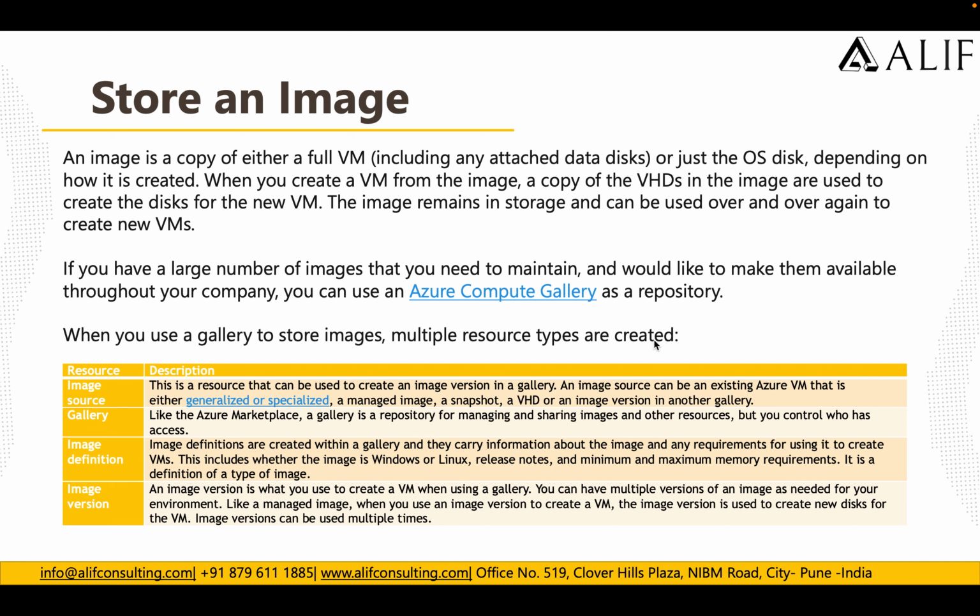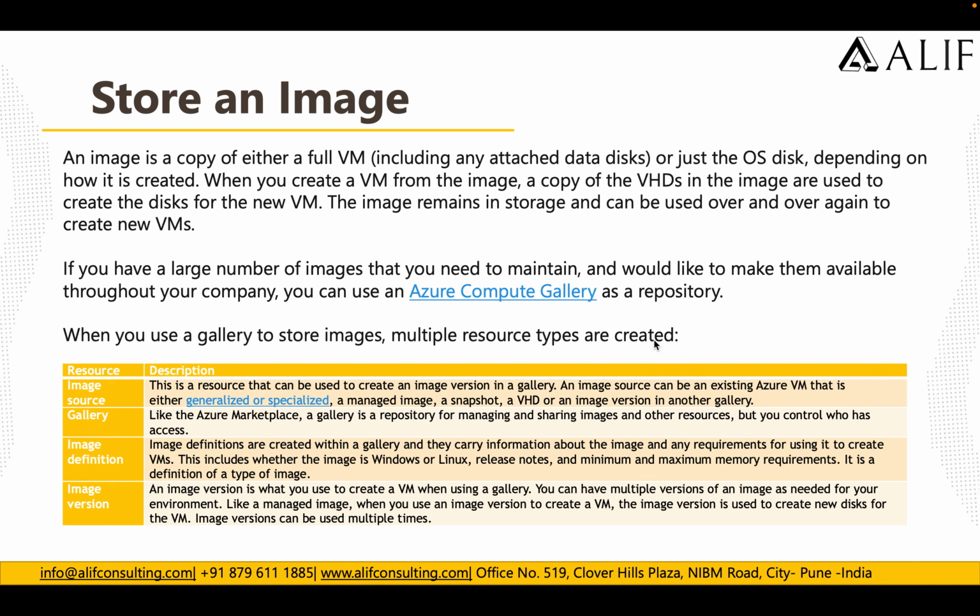Storing an image, right? How do we store an image in the Azure Compute Gallery? An image is a copy of a full VM or just an OS disk, depending on how it's created. When you create a VM from an image, a copy of the VHD in the image is used to create the disk for the new VM. The image remains in storage and can be used over and over again to create VMs.